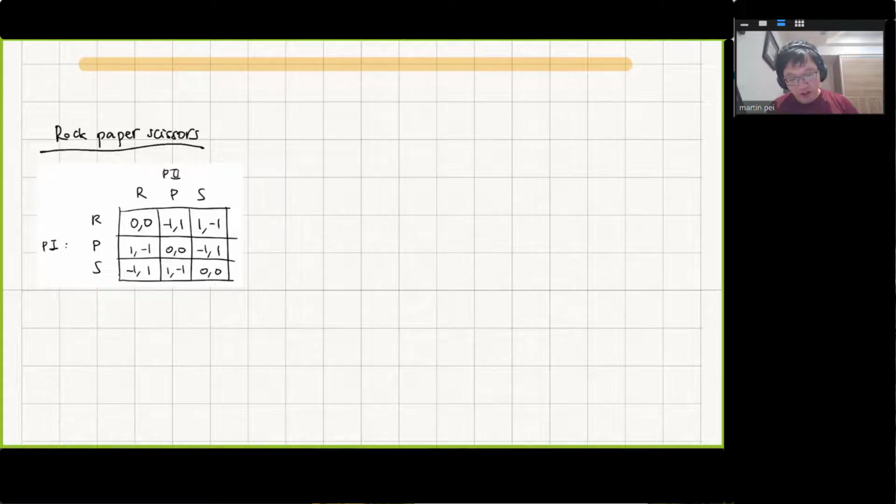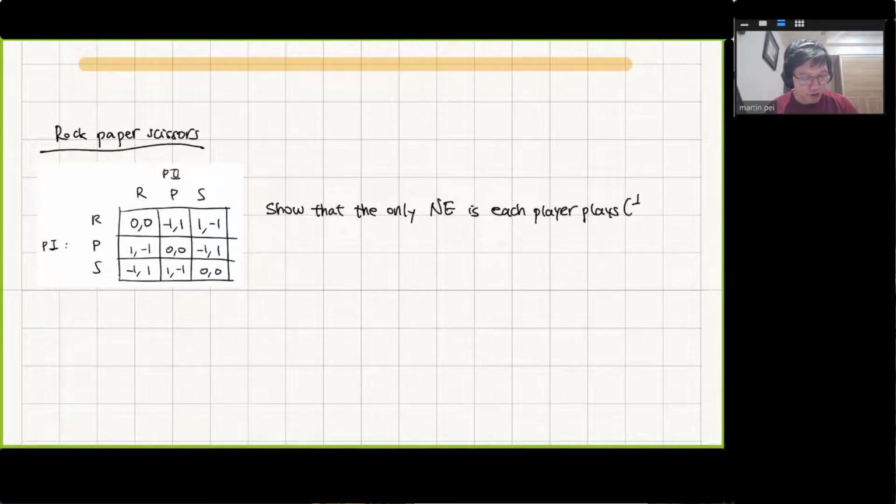We want to show that the only Nash equilibrium is each player plays 1/3, 1/3, 1/3.